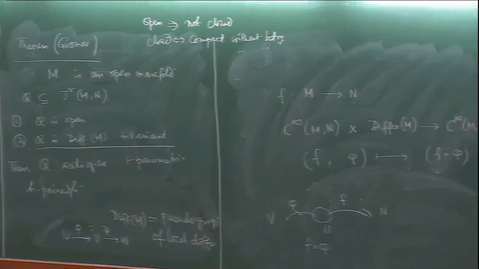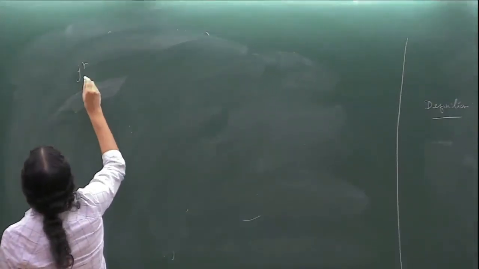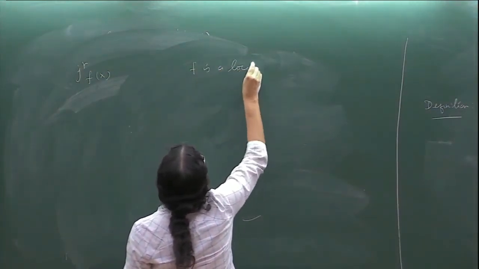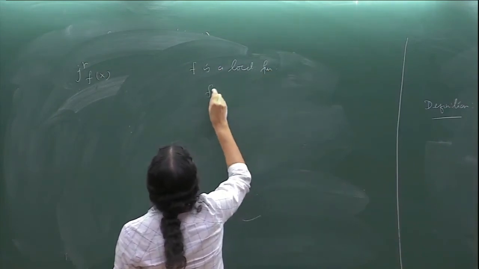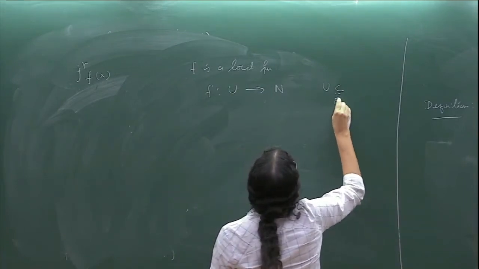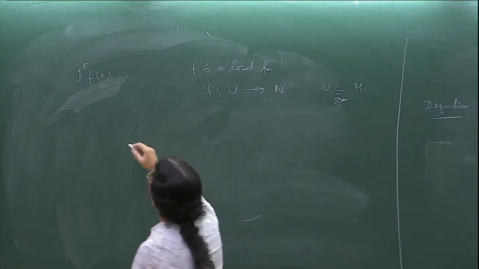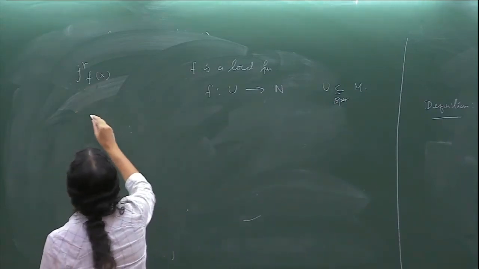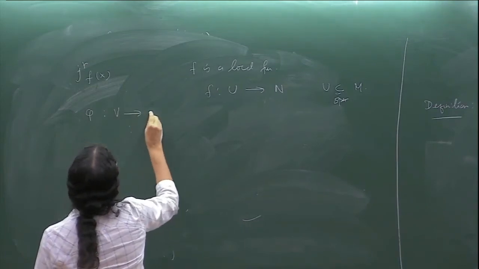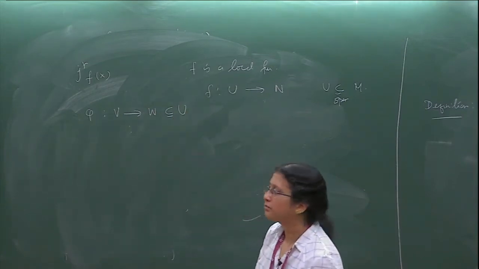Suppose you have a jet, where f is a local function from U into N, and U is some open subset of M. And then I take phi, which maps from V into some W which is contained inside U. Okay?